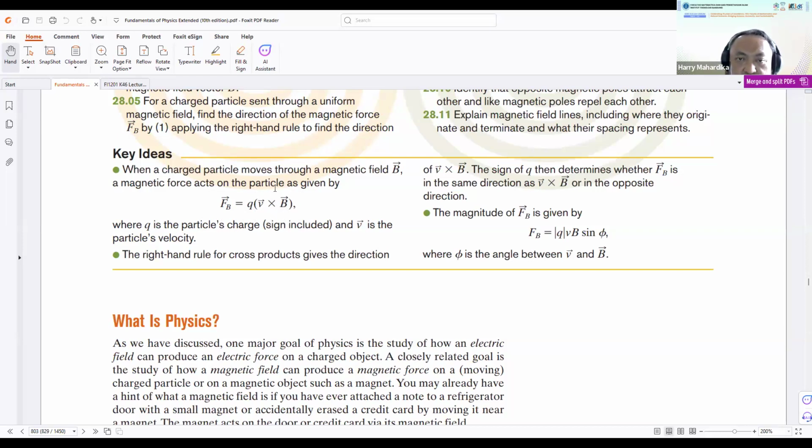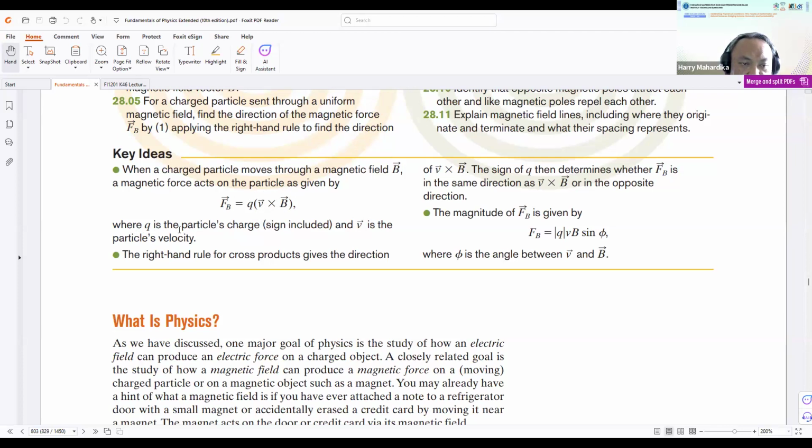So again, in today's lecture, we're not going to learn how B is created, okay? Not at this point, because the creation of B will be discussed later on. But we learn about how B interacts with a moving charged particle, and it will produce a magnetic force.